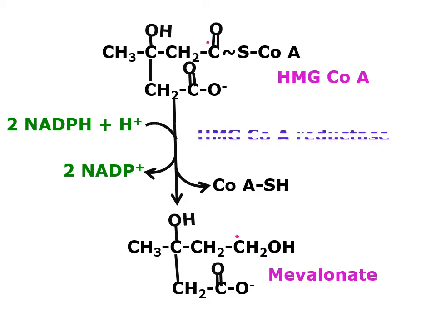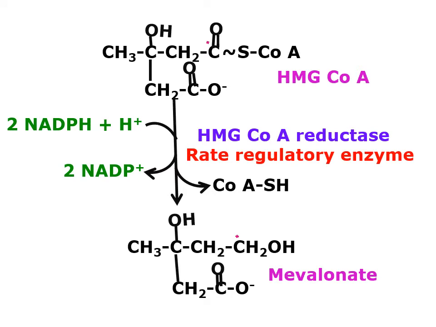HMG-CoA is converted to mevalonate by an enzyme called HMG-CoA reductase. This is an important enzyme. See here, NADPH is used, not NAD. HMG-CoA reductase is the key regulatory enzyme of cholesterol biosynthesis.